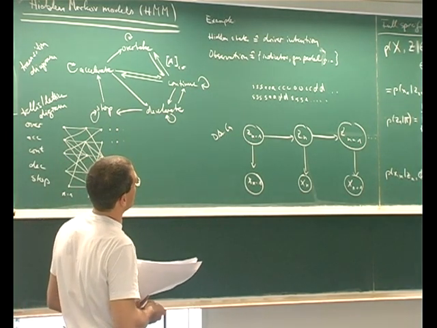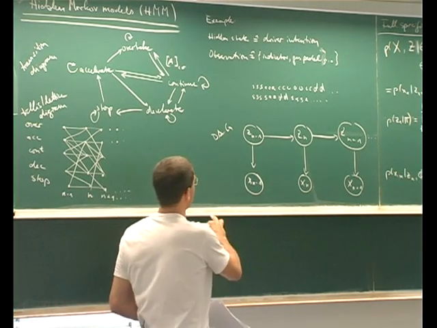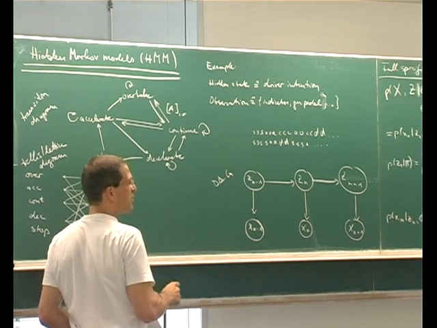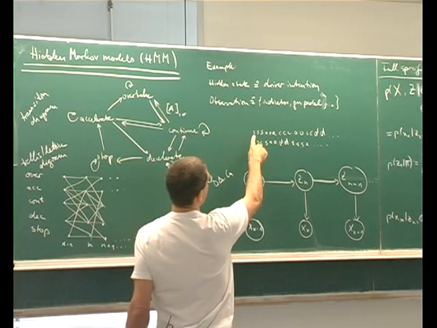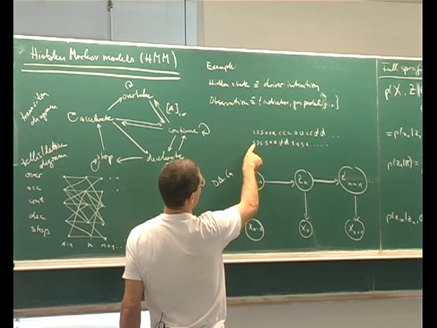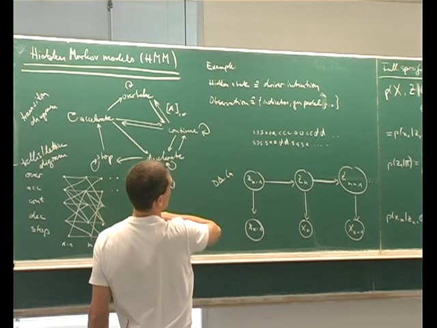Then pi gives me the probability of finding myself in a given hidden state at time 0. So for instance, I have created these two time series, both starting in the stop position.